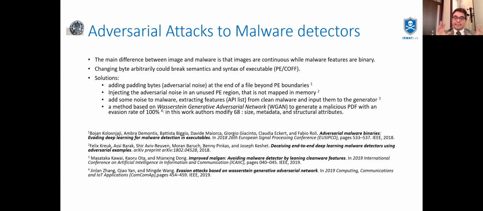What is interesting is how adversarial attacks were applied to malware detectors. We have to consider that the first difference between image and malware is that if you change a few pixels in your image, it can still be recognized as an image.